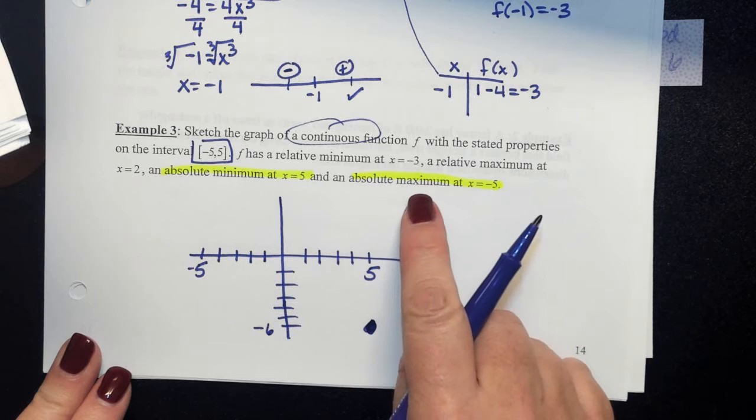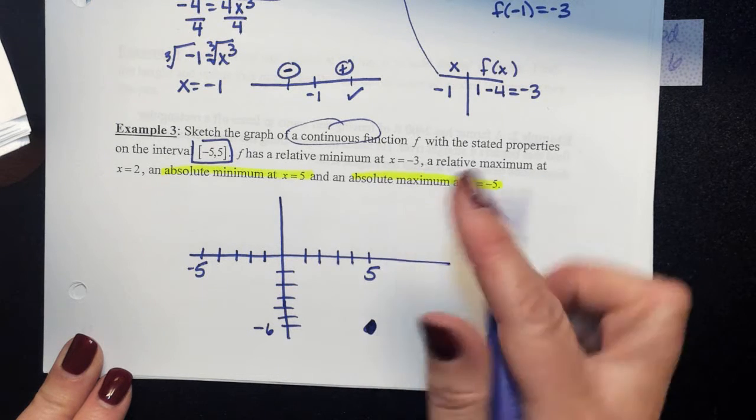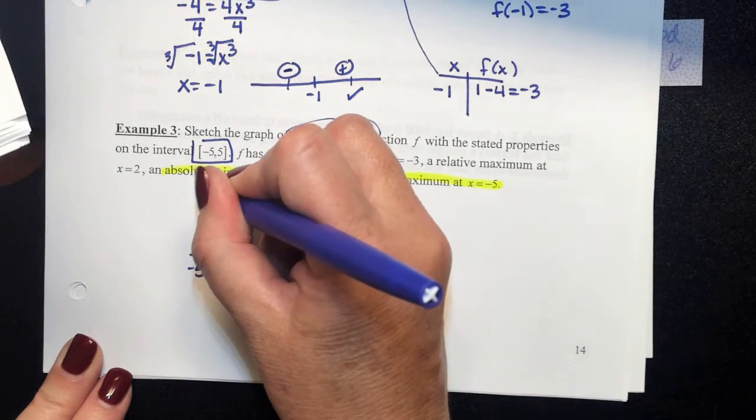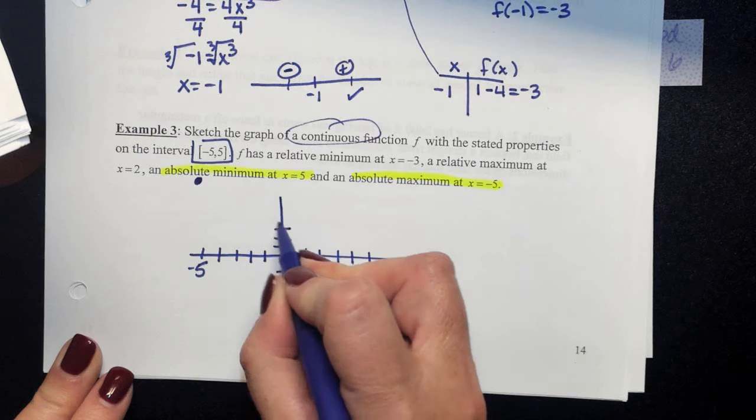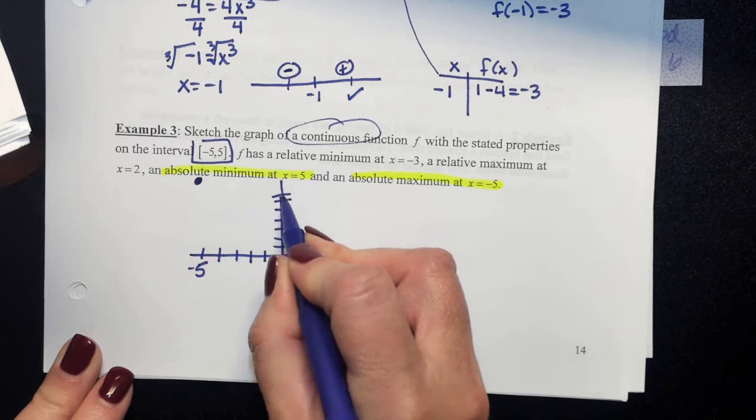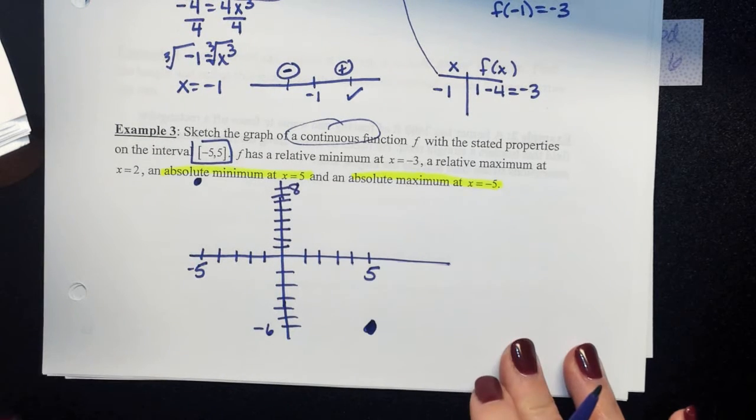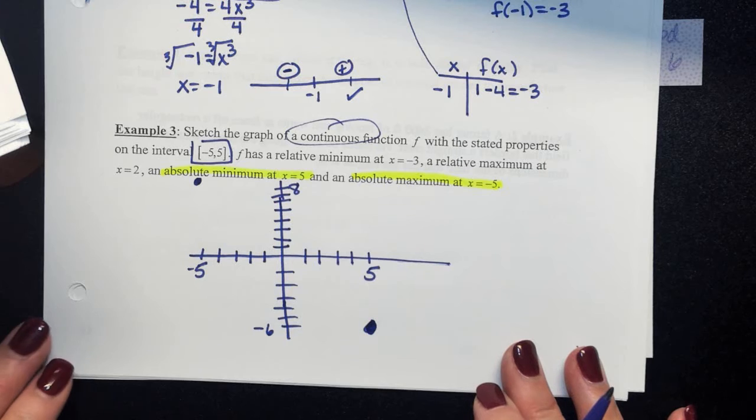I do know that at -5, this better be the highest point on my curve, so I'll put it up here at 8. No matter how I construct the graph, no other points can go above x equals -5 or below x equals 5.